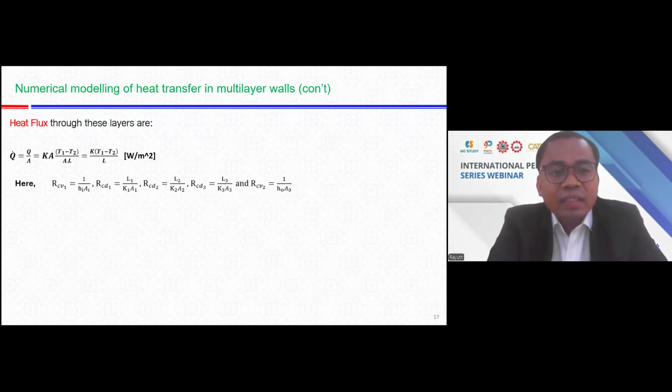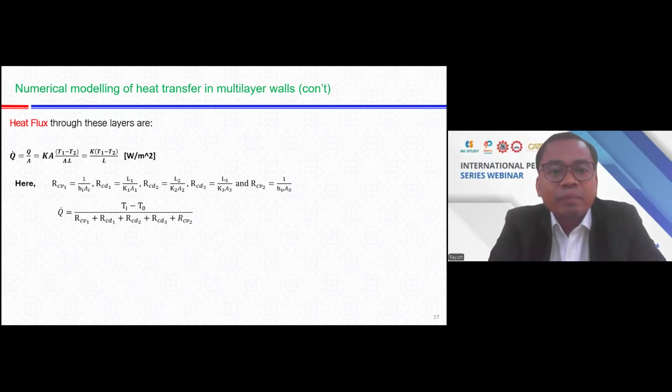And here is the resistance of the heat. We depend on the layer thickness divided by the thermal conductivity multiplied by the cross-sectional area. So the formula of the heat flux is this one.